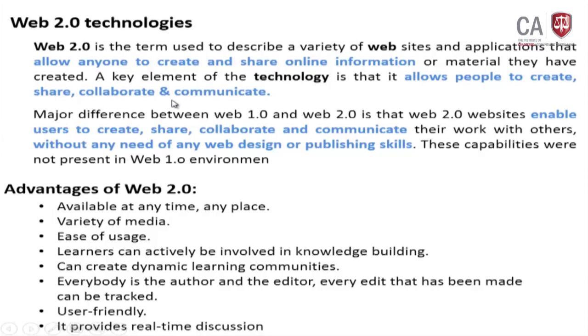Web 2.0 technology allows you to create by your own decisions, share as you wish, collaborate and communicate. So, the major difference between Web 1.0 and 2.0 is that Web 2.0 enables users to create, share, collaborate and communicate their work with others without any need of web design or publishing skill.